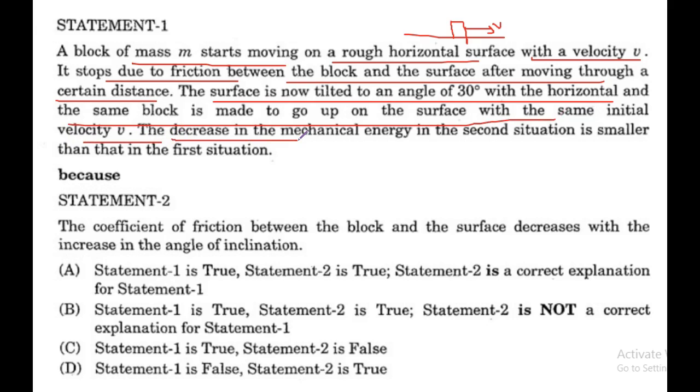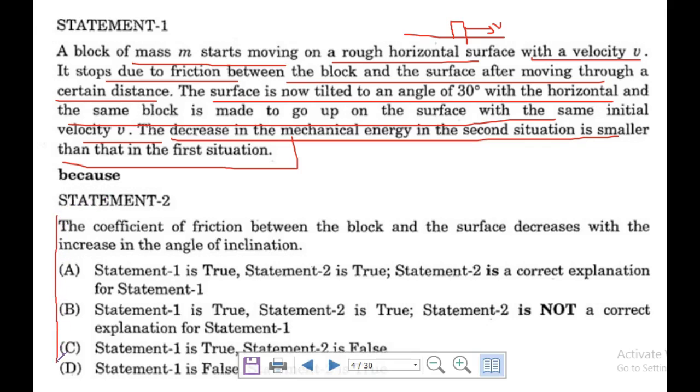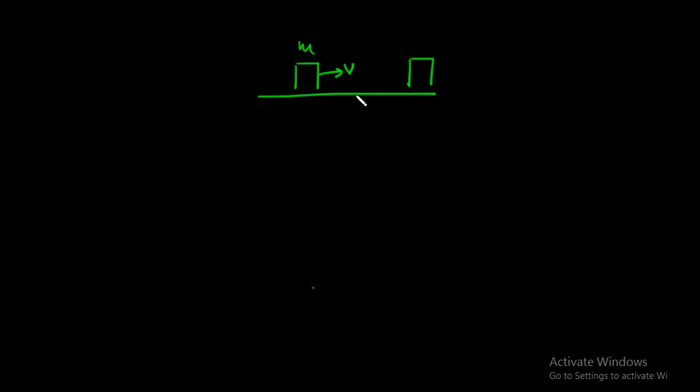The decrease in the mechanical energy in the second situation is much smaller than the first, and this is because... Before looking at the statements we have to find out what is the decrease in mechanical energy. So this is the first situation where the block of mass m is moving with a velocity v and it stops. So final velocity is 0, initial velocity is v.